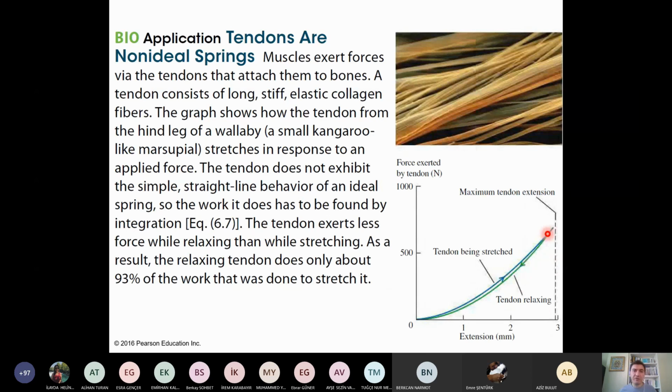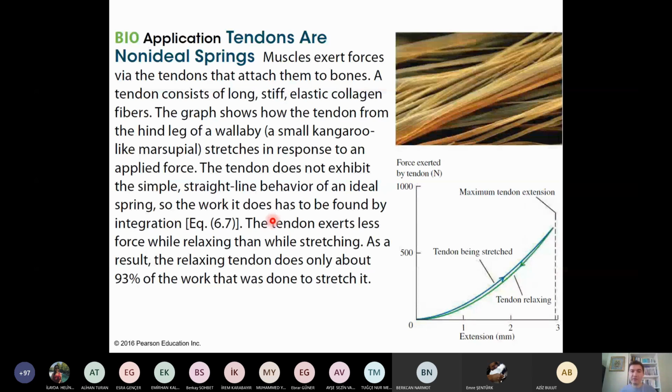So the graph shows how the tendon from the hind leg of a wallaby stretches in response to an applied force. The tendon does not exhibit the simple straight line behavior of an ideal spring, so the work it does has to be found by integration. So what you see here, this is the extension, let's say X position, okay? And this is the force, so force is not constant, okay? So the work it does has to be found by integration.